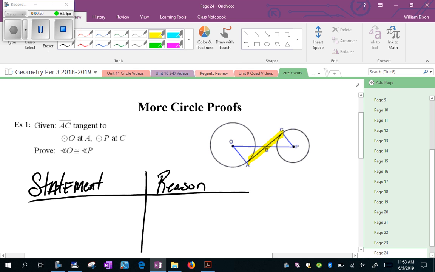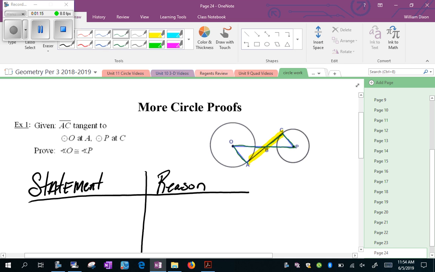That line AC is tangent to those two circles. Now we have to prove that the two angles, angle O and angle P, are congruent. And immediately, I know a lot of you see those triangles there. All right, and that's big.